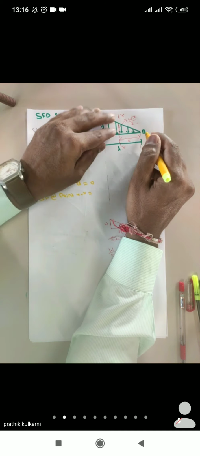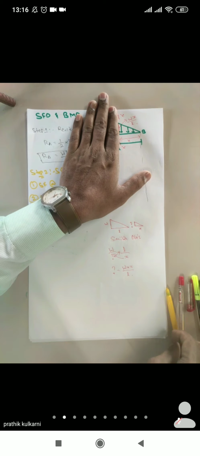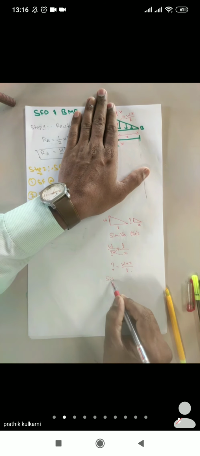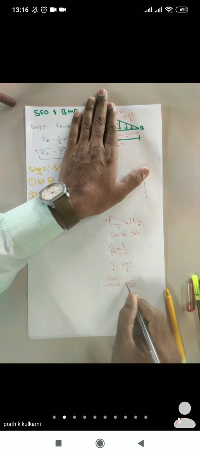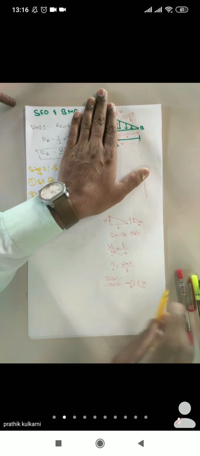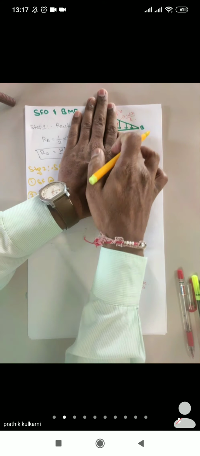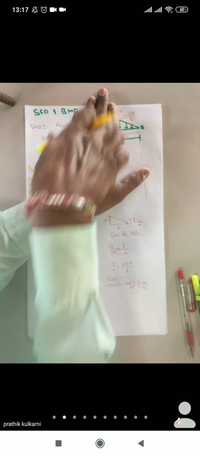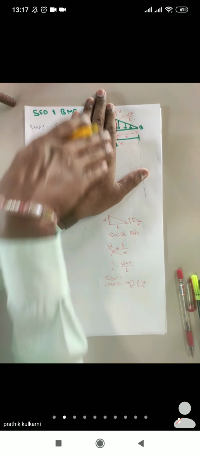Now what will be your sign convention for the shear force diagram? Clockwise we'll take as positive, anti-clockwise we'll take as negative. Whether it is coming clockwise or anti-clockwise with this section XX, where I kept my hand, decides the sign.